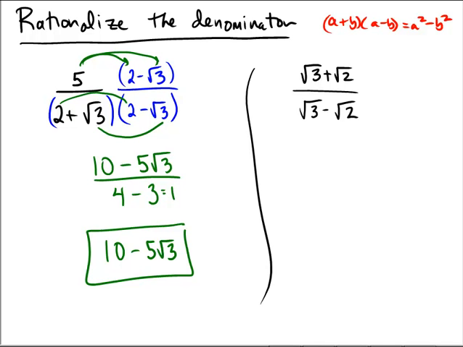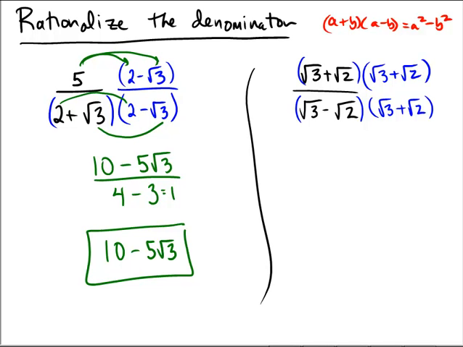So now let's try the right hand side expression. So in this problem, let's multiply top and bottom again by the conjugate. So this time the bottom is a minus, so we're going to have to multiply by a plus. Rad 3 plus rad 2 and rad 3 plus rad 2. In the numerator, we have the perfect square trinomial.